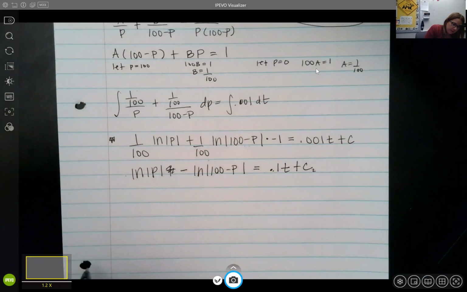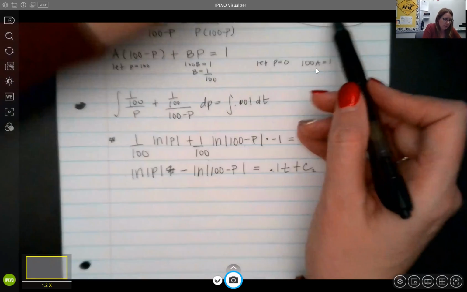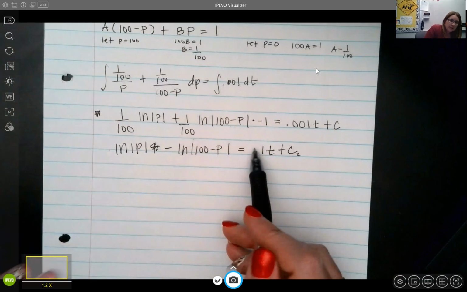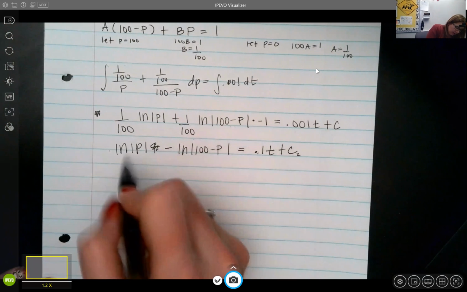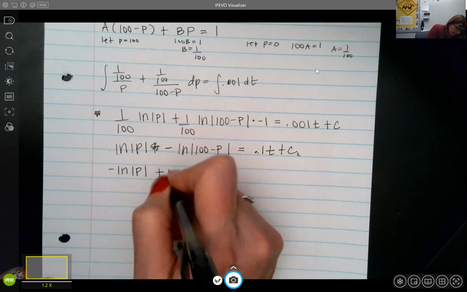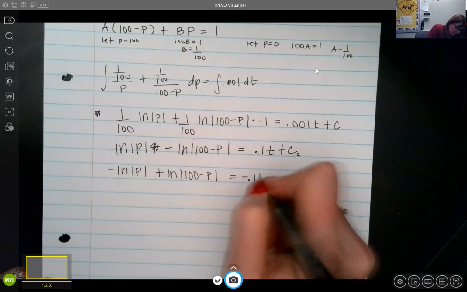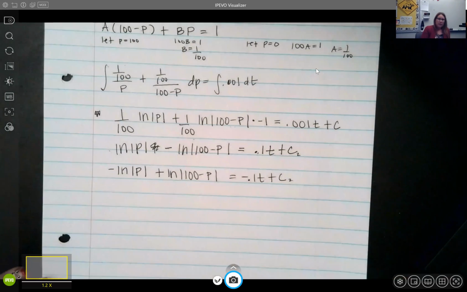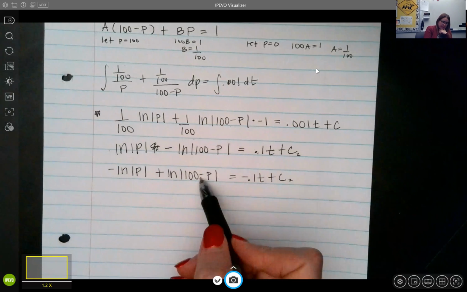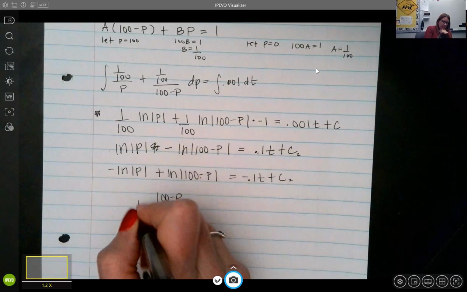The other reason is that when I solve for this, I'm going to have a negative in for my T, so we want this to be a negative as well. So I'm going to switch this to a negative, this to a positive, and this to a negative. Okay, now I can change my natural log around so that this is divided by this as one natural log.